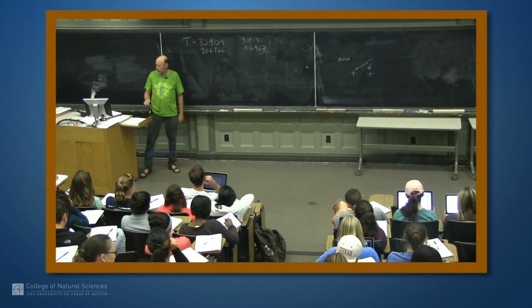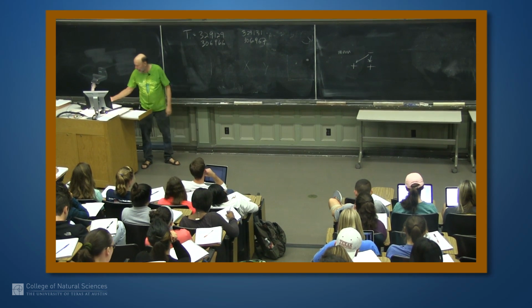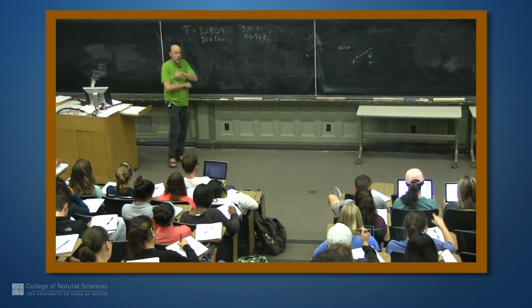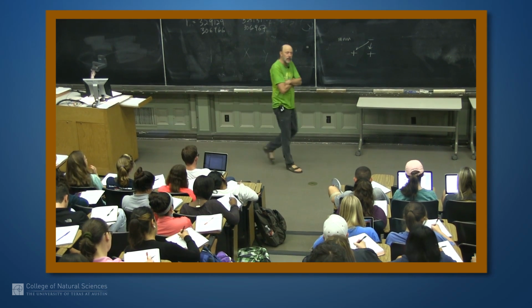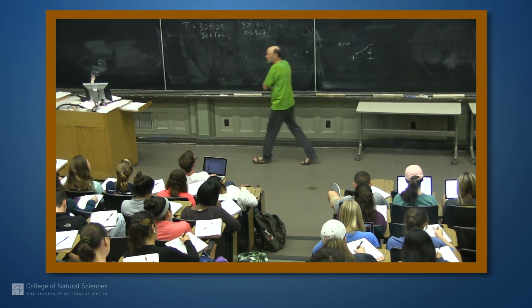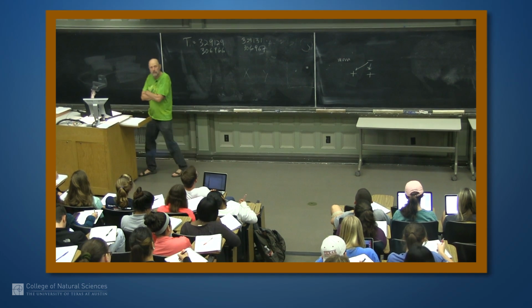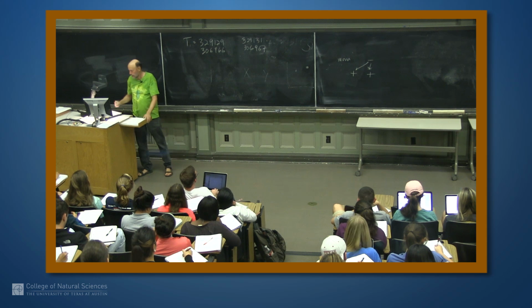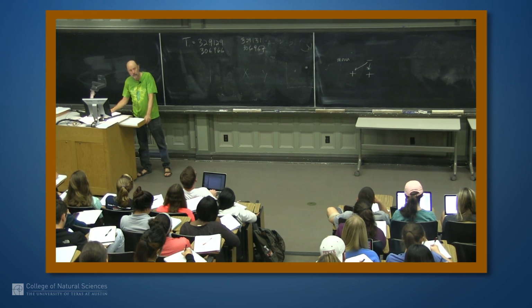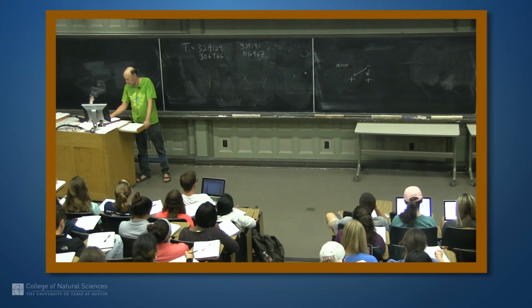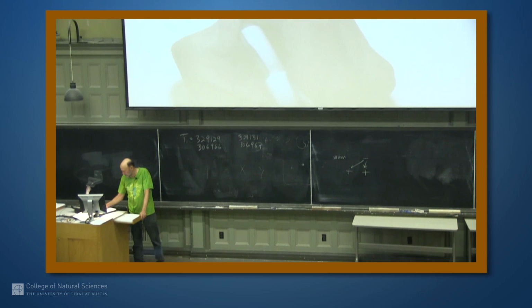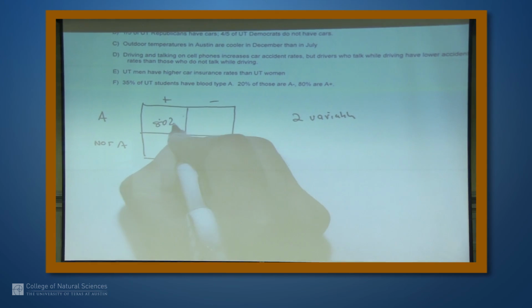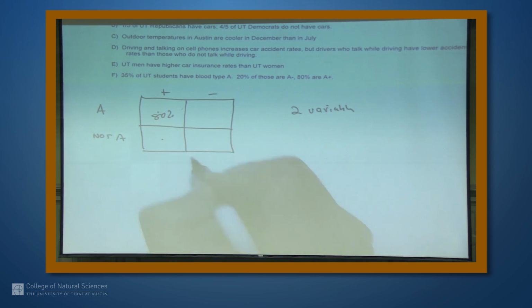Let's go back to the problem. What do we have to put in? So we have two variables. So far, so good. We can potentially have a correlation here. Where do we actually have data to fill in the table? Okay, what number goes in here? 80%. We have something in here.